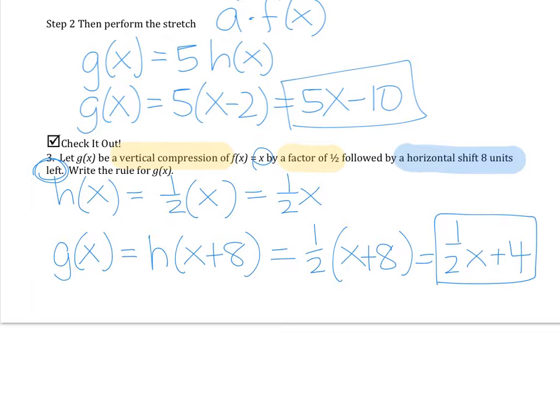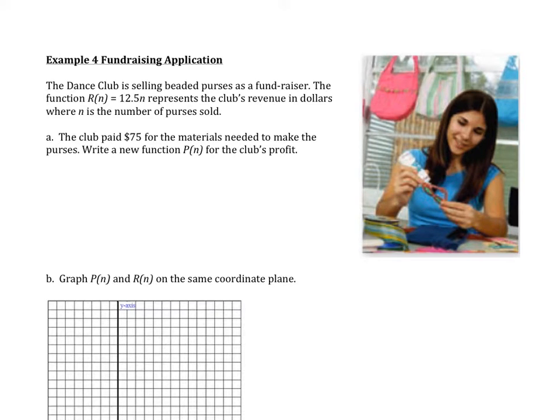The last thing we're going to do is an application. Looking at this application, the function R of n equals 12.5n represents a club's revenue in dollars, where n is the number of purses sold. The club paid $75 for the material needed to make the purses. Write a new function for the club's profit. So our new function is P of n for profit.